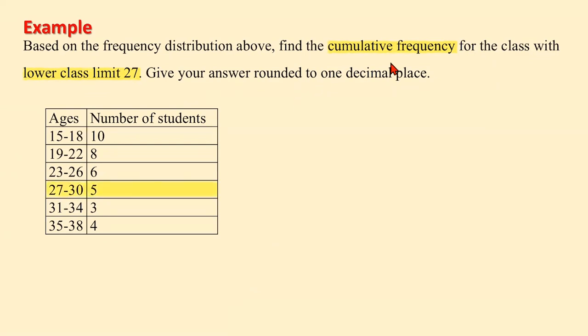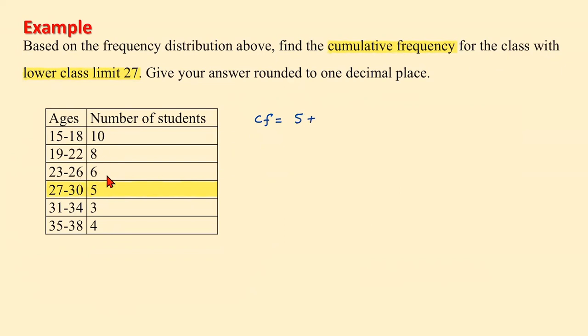And we are looking for cumulative frequency. Cumulative frequency is the sum of the frequency of that particular class and all the classes before that. So in this case, it's going to be this one here, 5, plus everything before that.